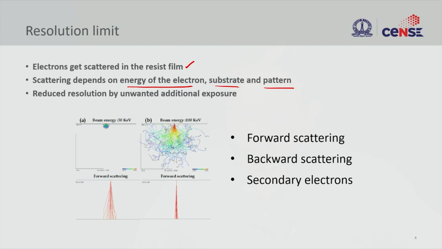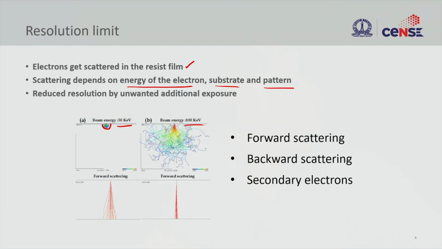And how do we characterize this scattering? This is a simulation of scattering. You take a 30 kV beam and then a 100 kV beam. If you look at the 30 kV beam, the penetration depth is very small, and it will illuminate this particular region, and then you will have a pattern defined here.